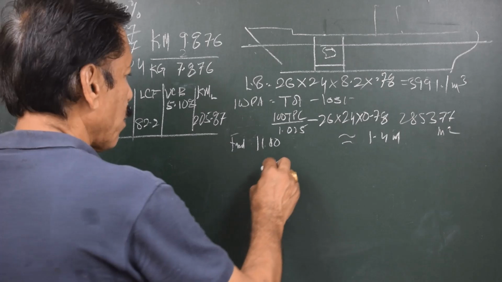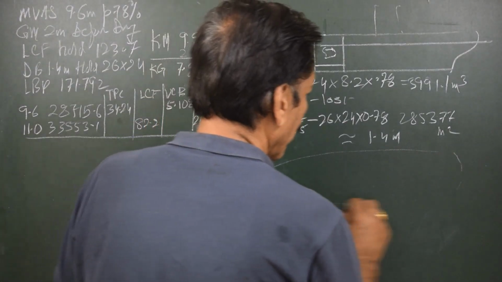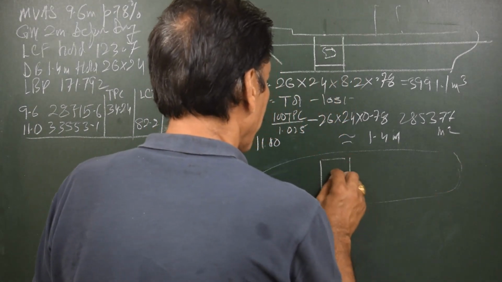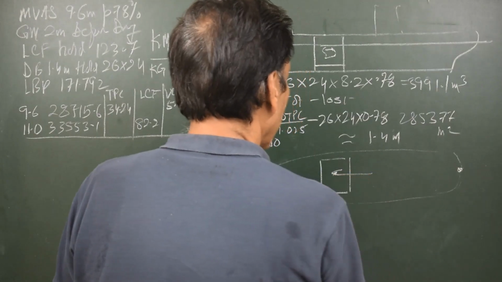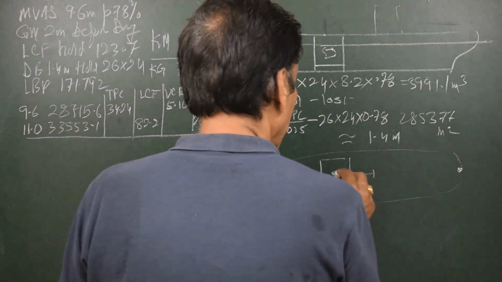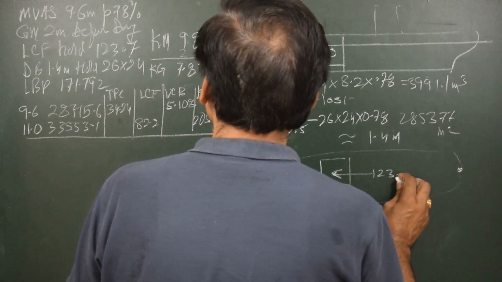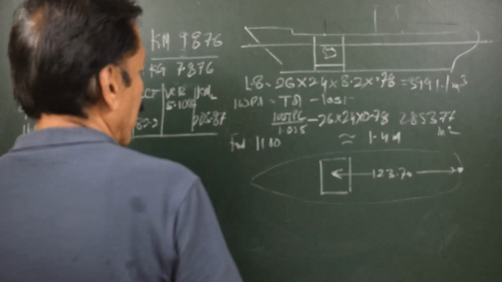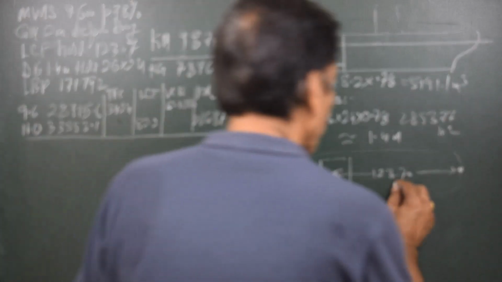Now, if we look at the plan view of the ship, suppose hold number 2 is over here. This is the aft perpendicular. From the centroid of the hold till the aft perpendicular, it is 123.7 meters. And if we look at the final waterline, the LCF is 82.2.